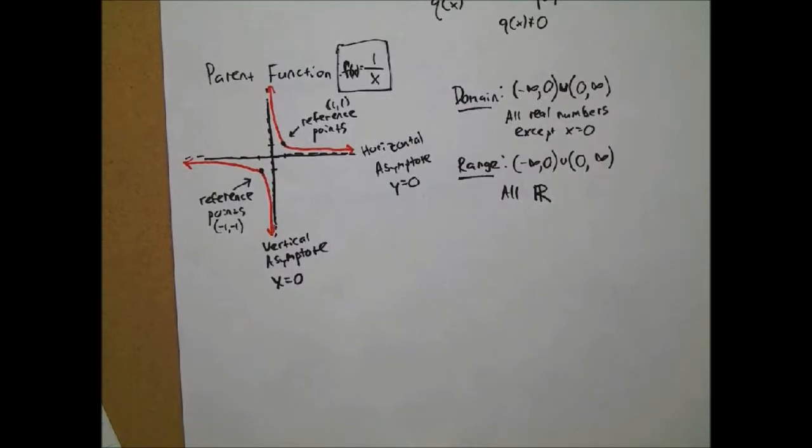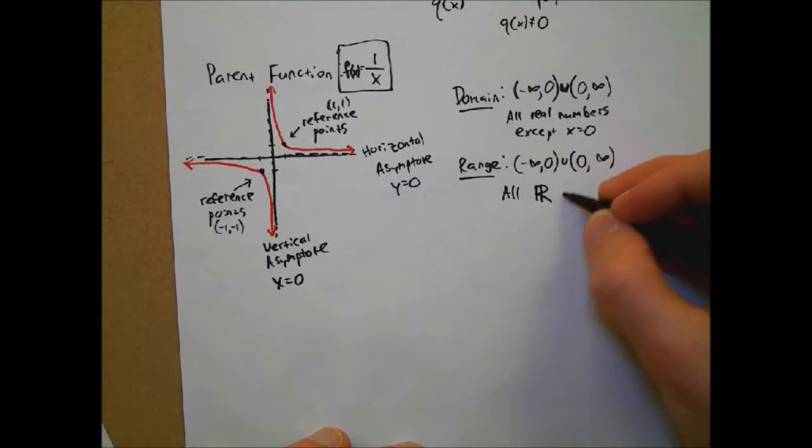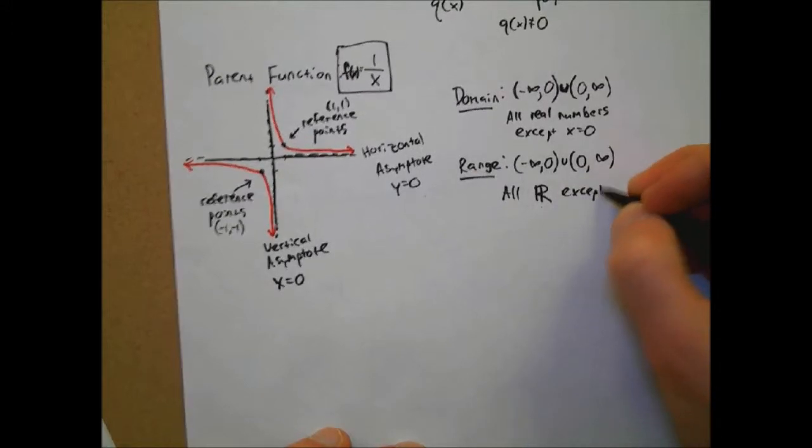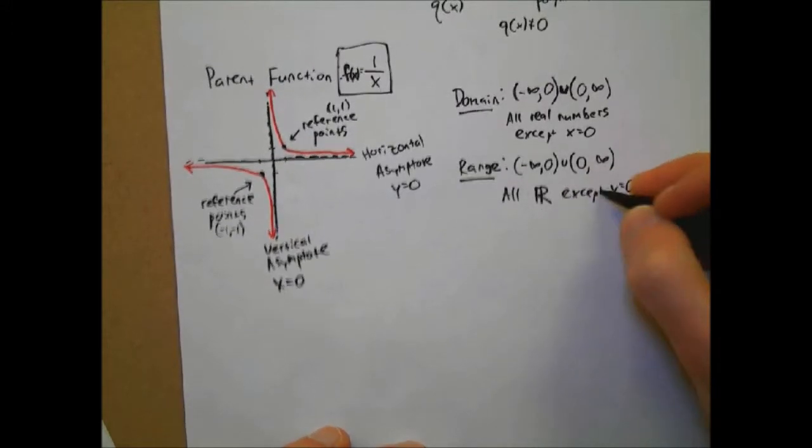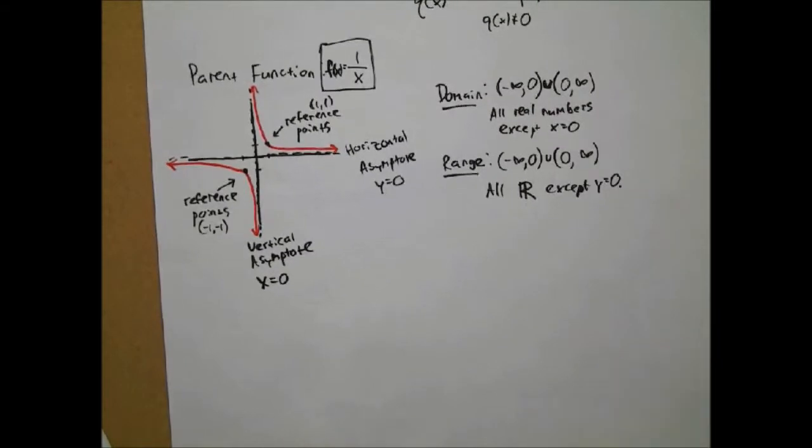So you can say all real numbers except y equals 0. If you want to be really fancy, you can use that symbol, and I'll accept that too. So there's our domain, there's our range.